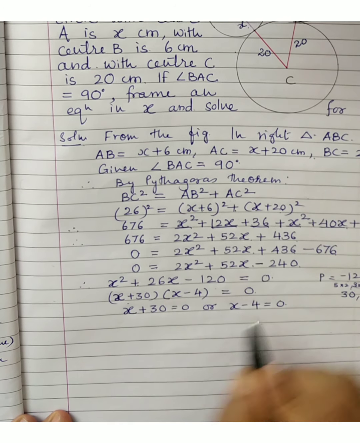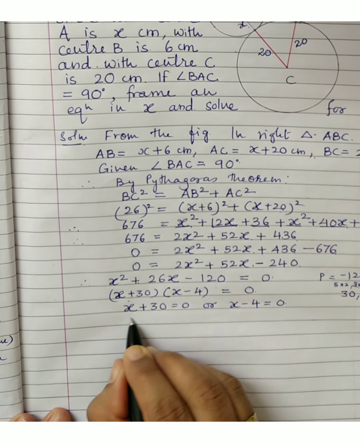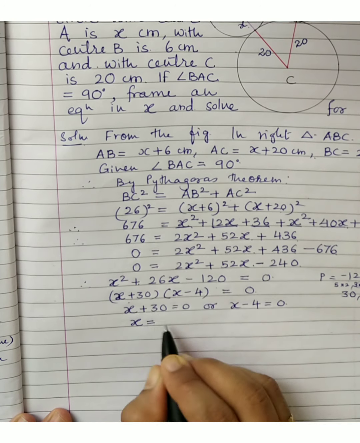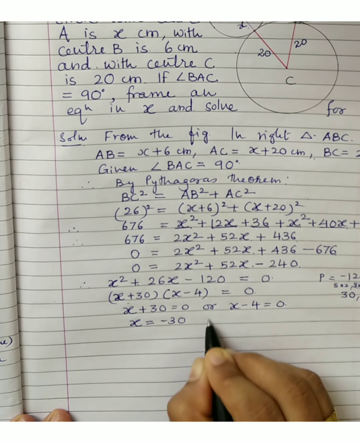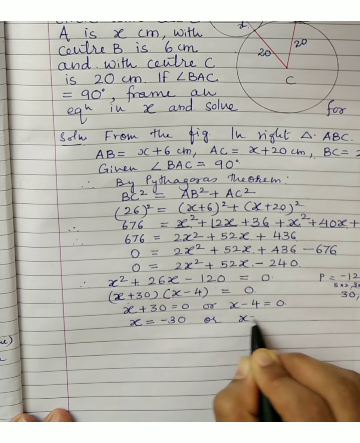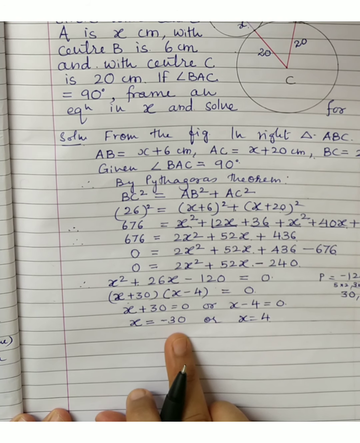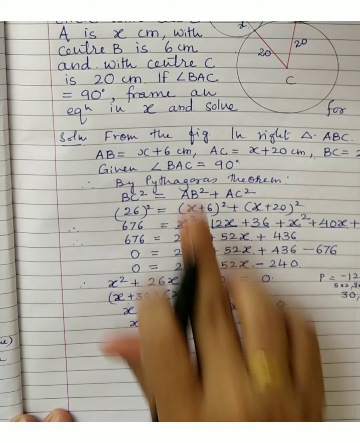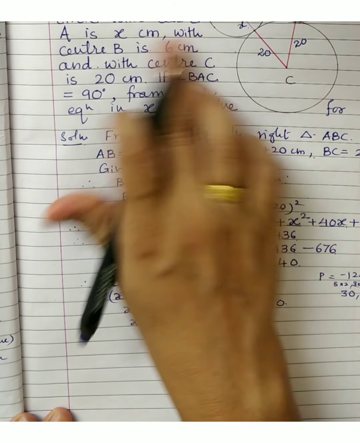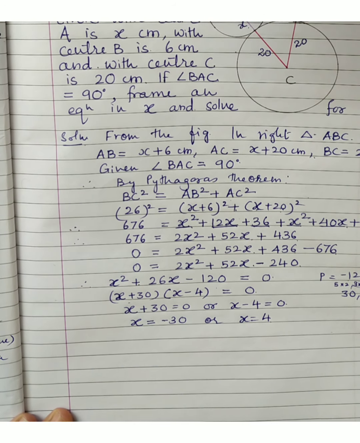Remember, do not skip any step. Go for all the steps. x is equal to minus 30 or x is equal to 4. Now you know x equal to minus 30 is not acceptable. Why? Because x is what? It is the length, the radius of a circle. It cannot be negative.